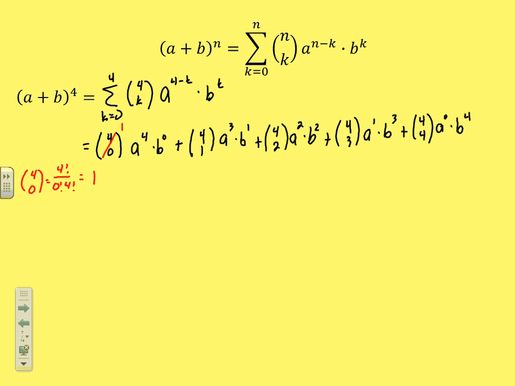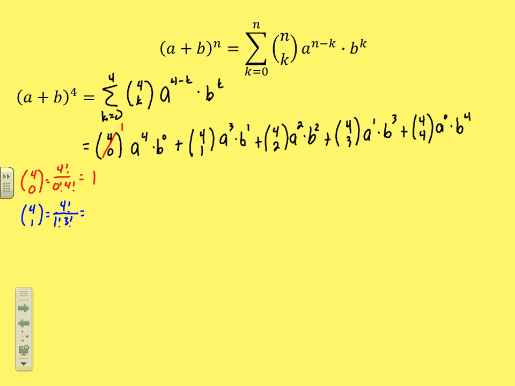The next combination that we have is 4 choose 1. When I substitute that into the combinations formula, we're going to say 4 factorial over 1 factorial times 3 factorial.